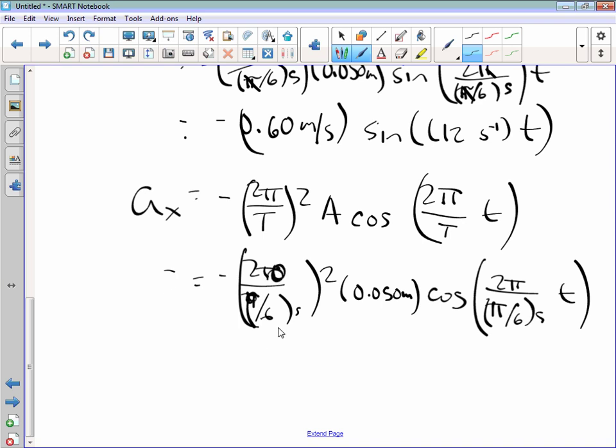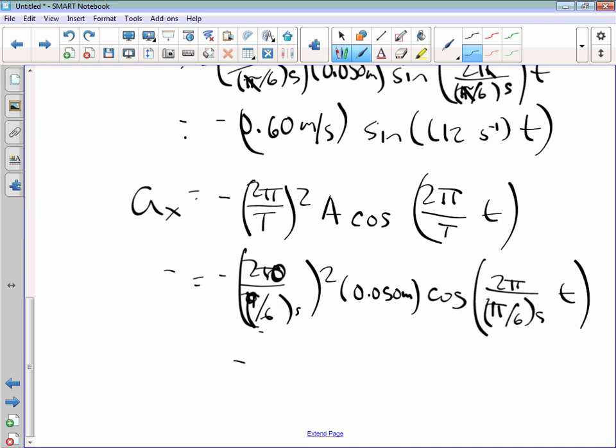Again, these will cancel. The 6 will come up, so we'd be at negative 12 squared. So that'd be negative 144 times 0.050 meters.